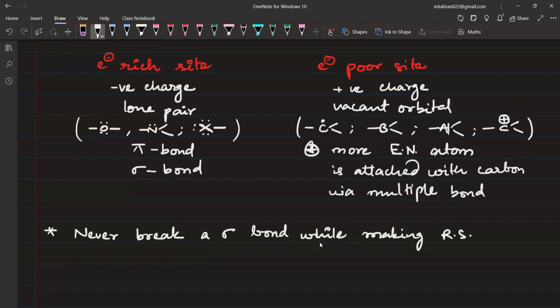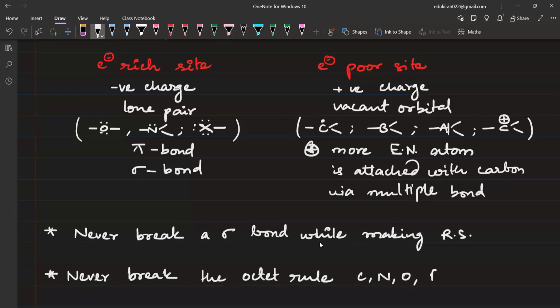The atom will still be the same, only the pi electron or the pi bond is going to move. Never break the octet rule. There should not be more than 8 electrons on carbon, nitrogen, oxygen and fluorine, especially these compounds.